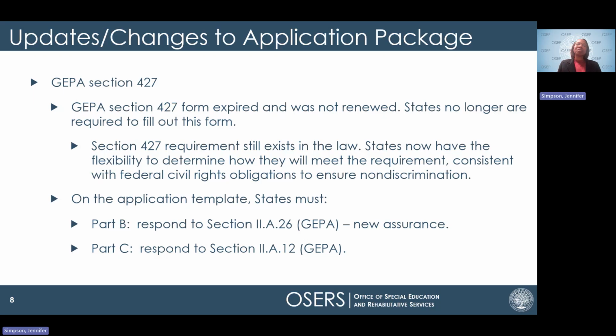So as far as OSEP is concerned, all states have GEPA documents on file, and all states can say yes to this requirement. However, if you find that your state no longer is meeting the GEPA Section 427 requirement and a no response is necessary, please contact your OSEP state lead.